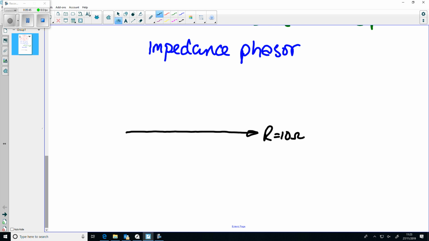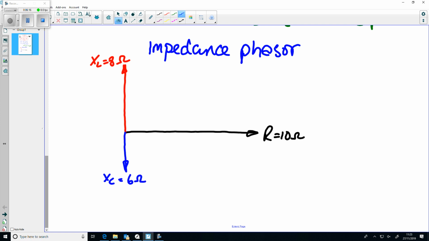Then 90 degrees upwards is the 8 ohms, that'd be XL. 90 degrees downwards is XC.